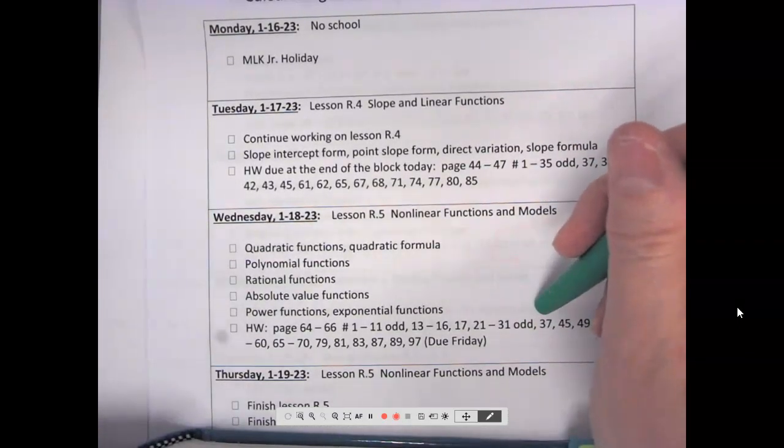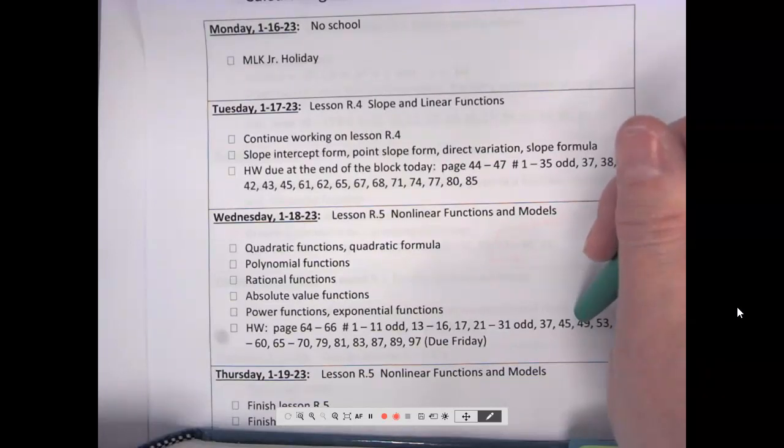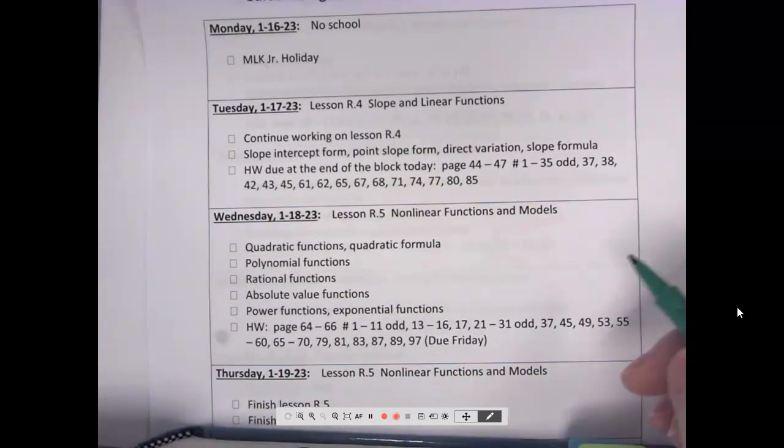Let's see. All of those are graphing there. I would stop at maybe around here.